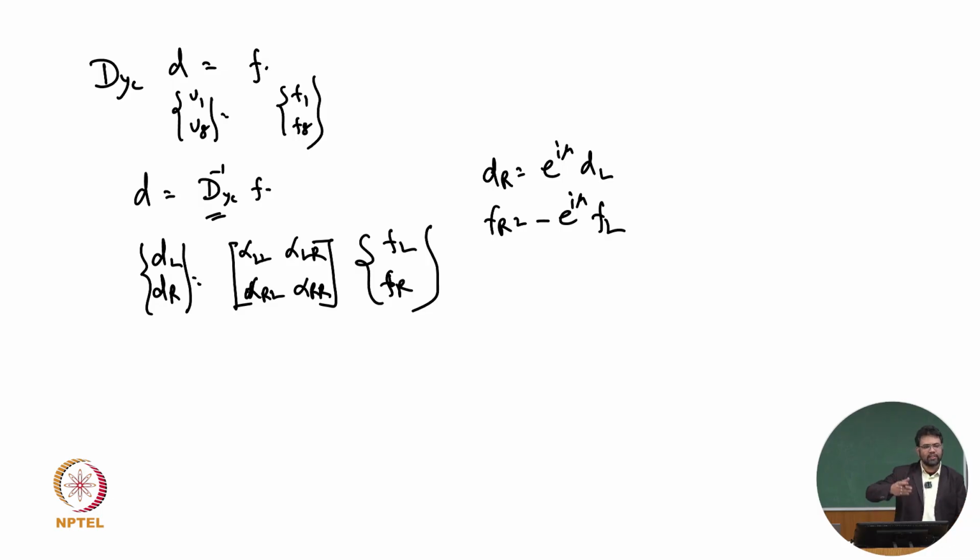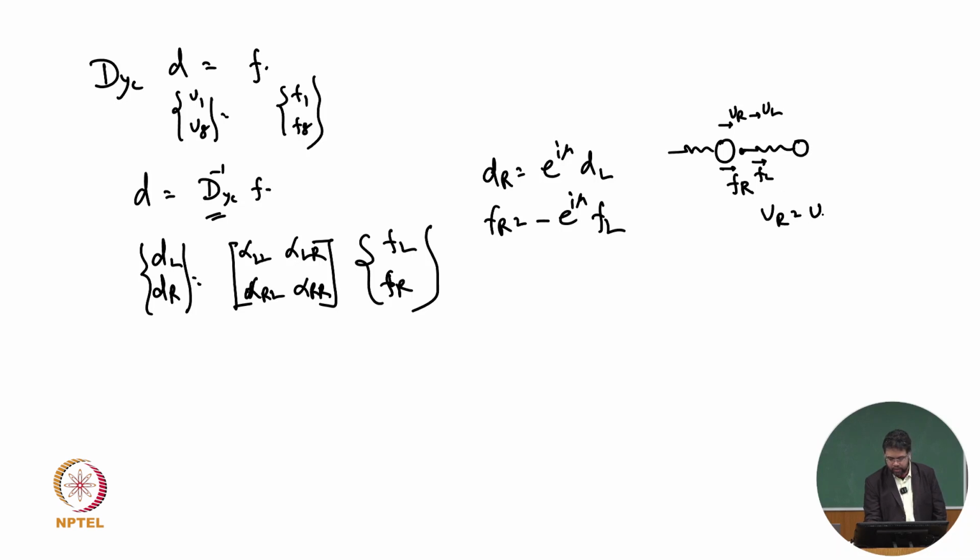Exactly. Because displacement maintains continuity at the junction. At the junction, both displacements are the same. For example, once you are making the chain at this node, if I say this is FR and this is FL, I'm sorry, UR and UL, UR is equal to UL, but FR equals minus FL, where the force should be balanced and the displacement should be equal to maintain continuity.